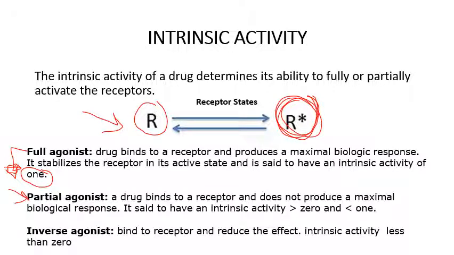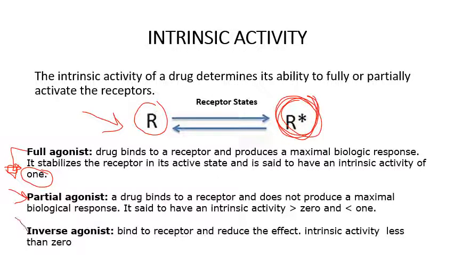So some of the complexes will be in the activated form, but some of them will not. Therefore, the response that we expect from a partial agonist will not be the full response that we expect from the full agonist.